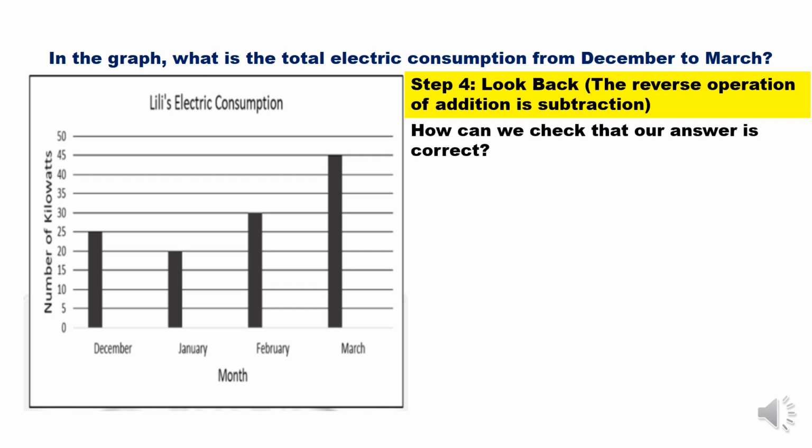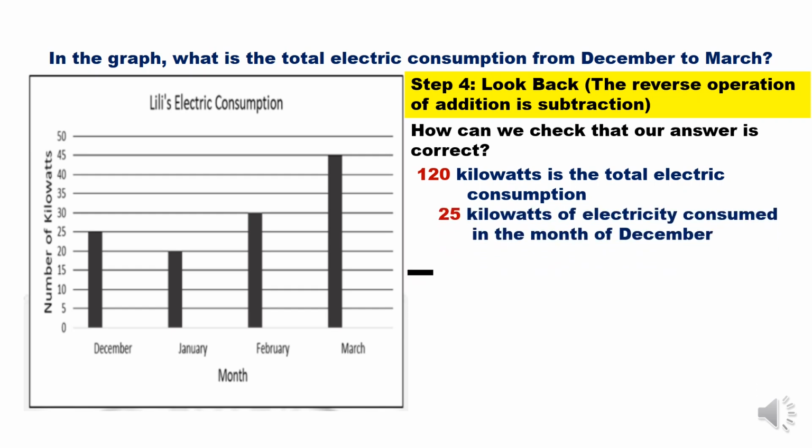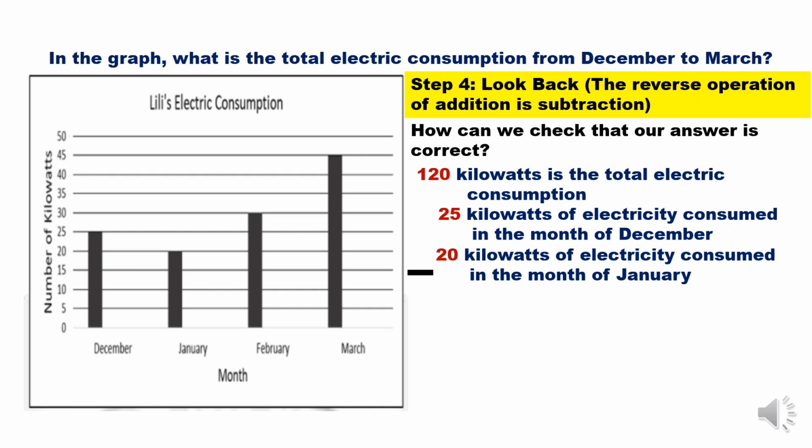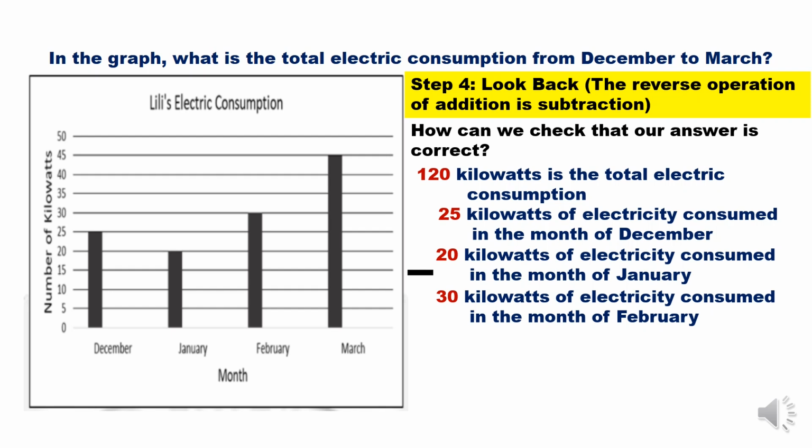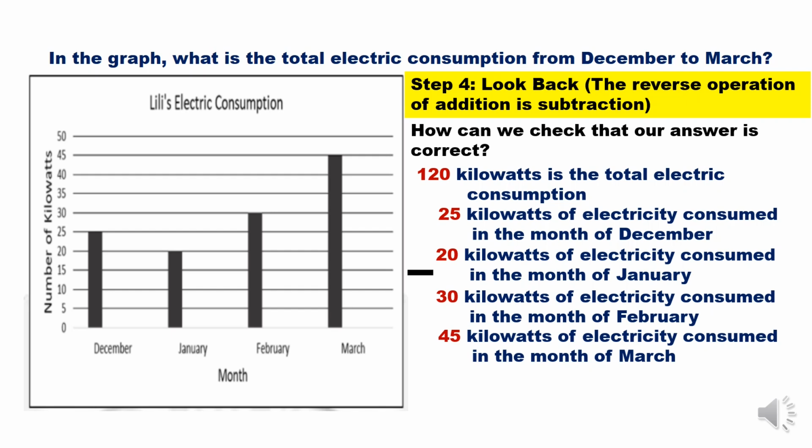So, how can we check that our answer is correct? 120 kilowatts is the total electric consumption minus 25 kilowatts of electricity consumed in the month of December, 20 kilowatts of electricity consumed in the month of January, 30 kilowatts of electricity consumed in the month of February, and 45 kilowatts of electricity consumed in the month of March equals 0 consumption.